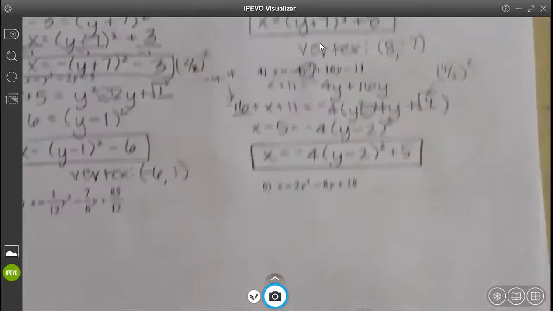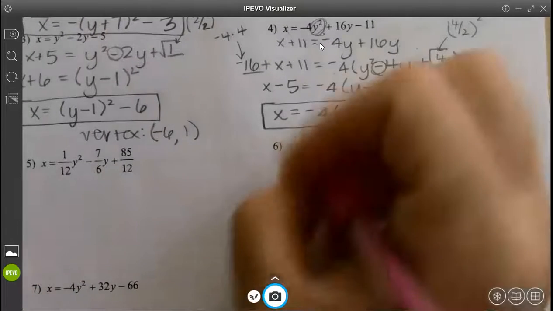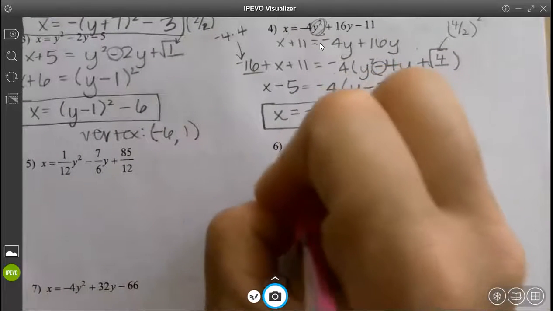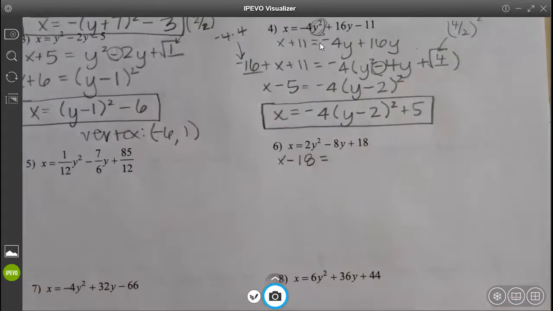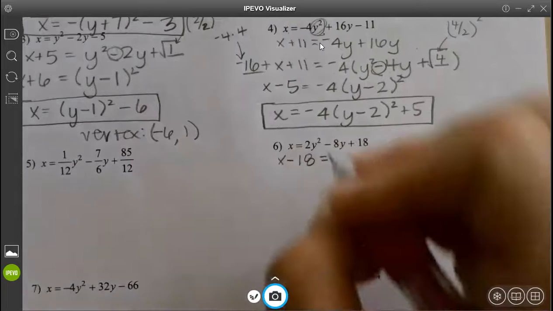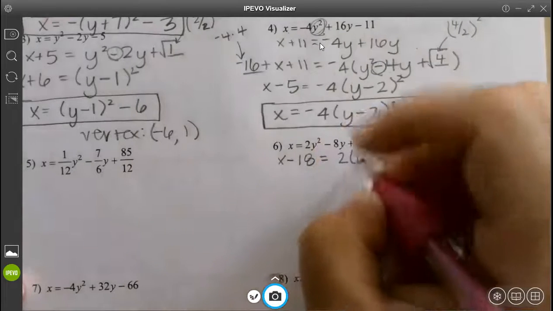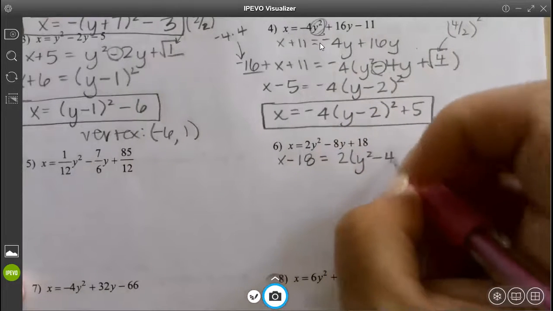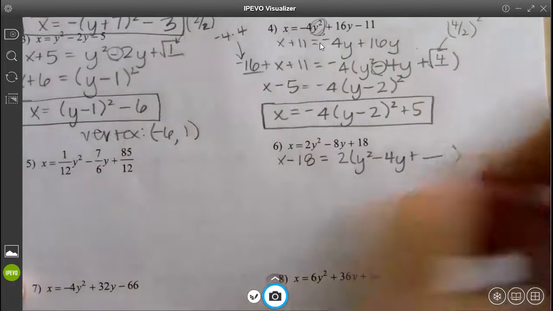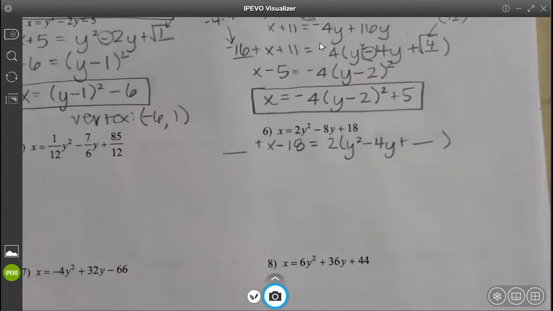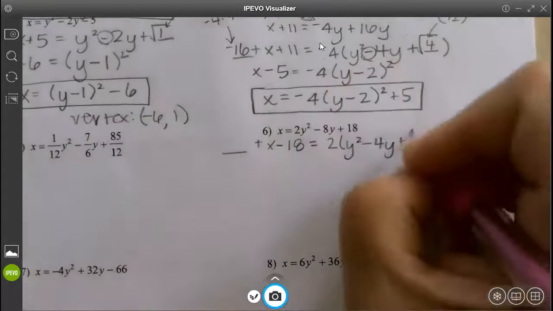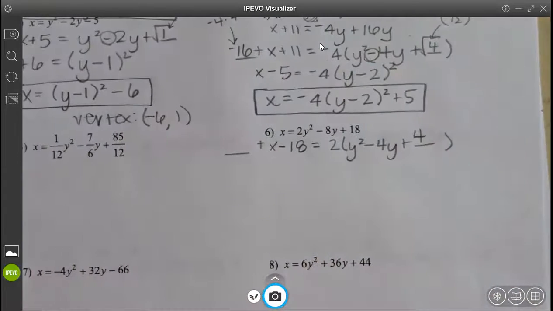All right, number 6. We're going to move our 18. If you want to go ahead and factor out this 2 at this point, that is perfectly fine to do it all in one step. Don't stress out about that at all. Okay, so I'm going to factor out that 2. We get y squared minus 4y, and then we put in our blanks. This is the same thing that we just did. So we're going to add 4 right here.